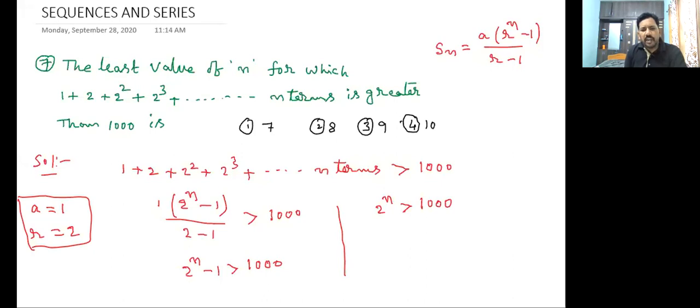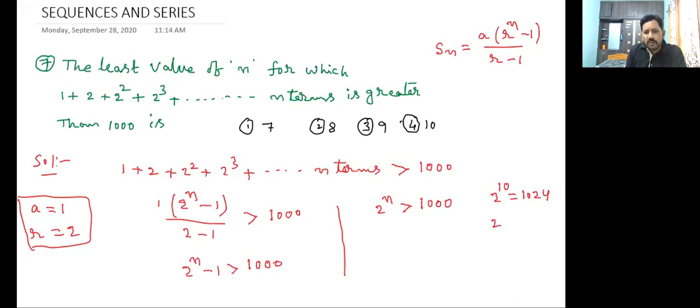So at what values do we get more than 1000? I think 2 power 10 is 1024. Okay.